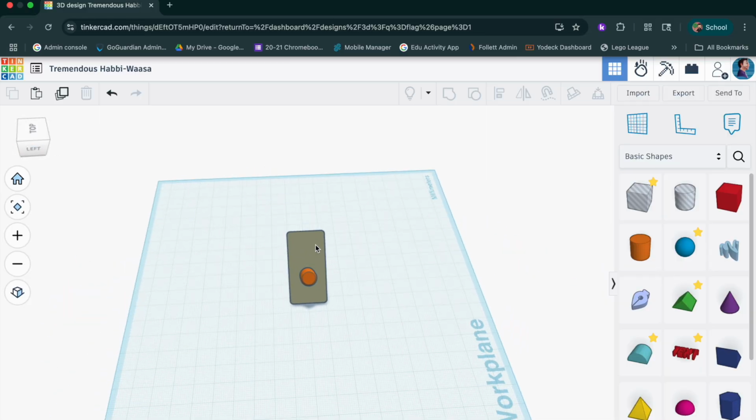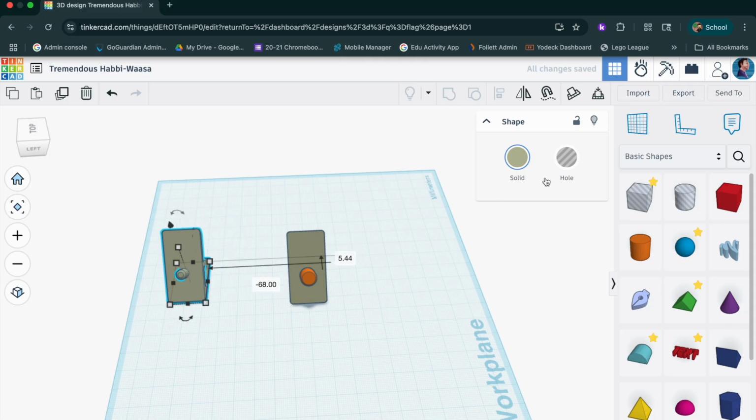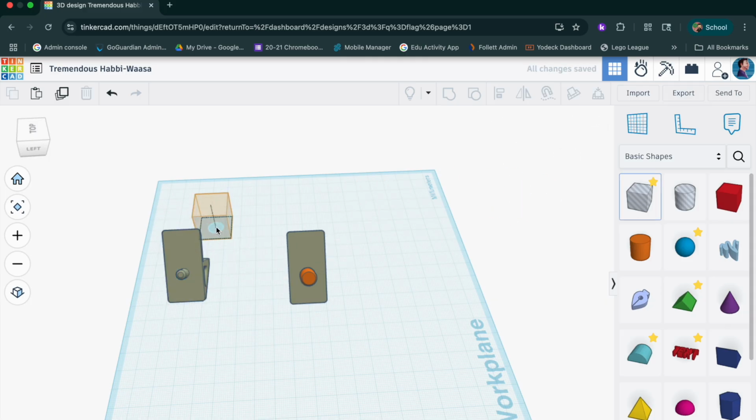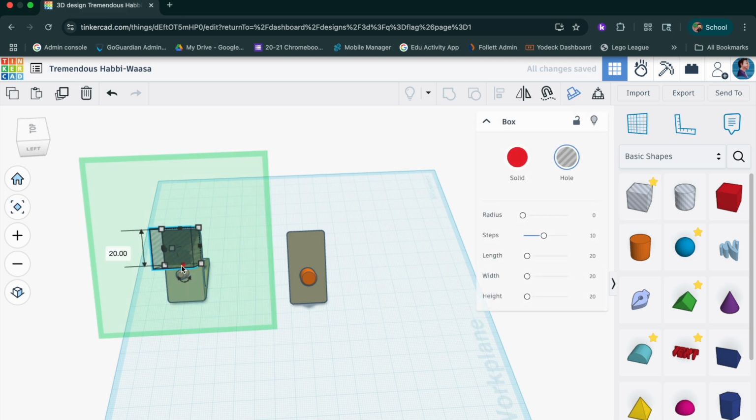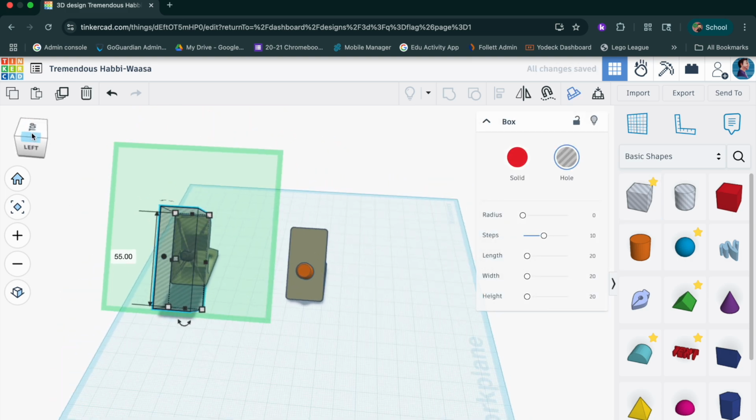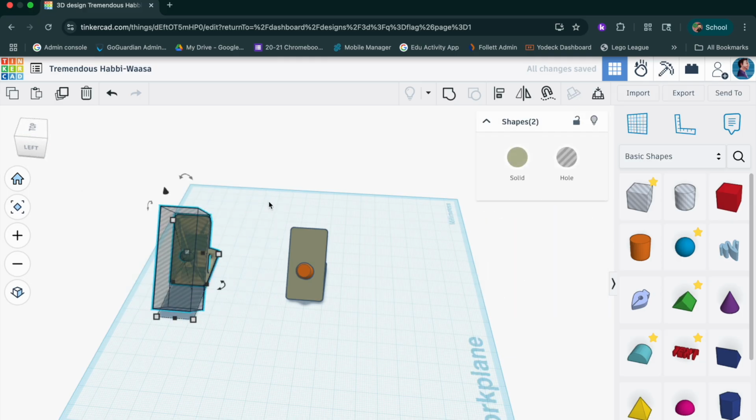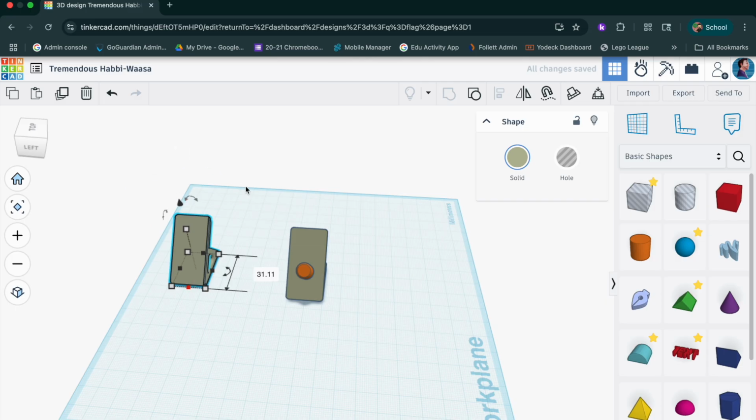All right, now another way I can solve this problem is I can take this, I can take a hole, and then group that together. Now I've removed that.